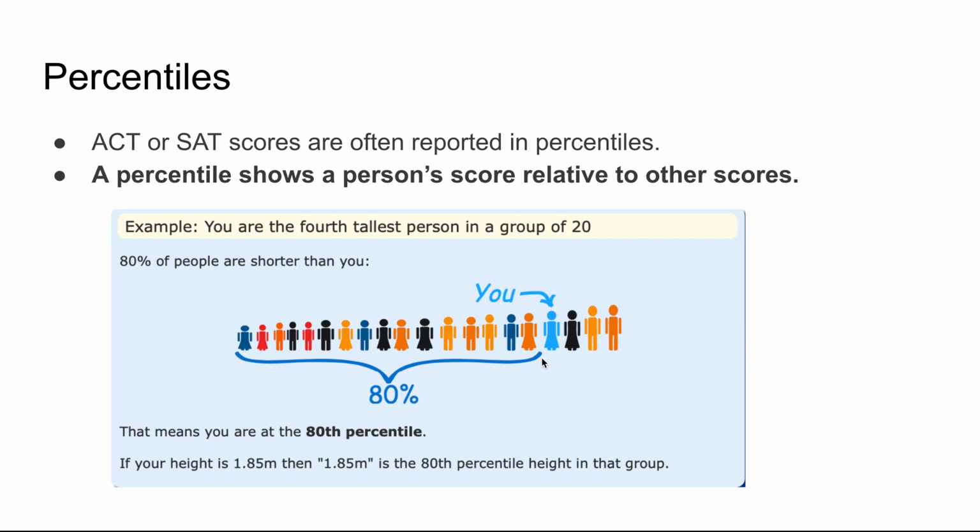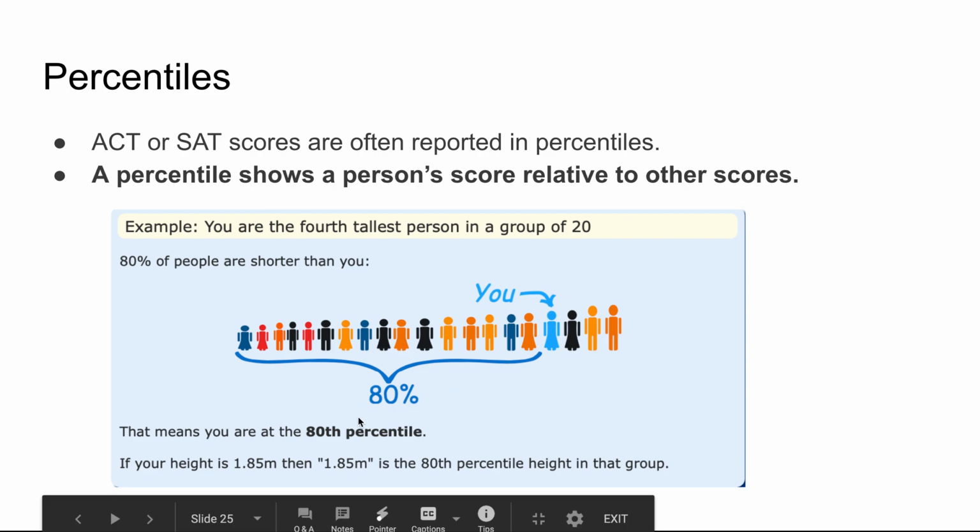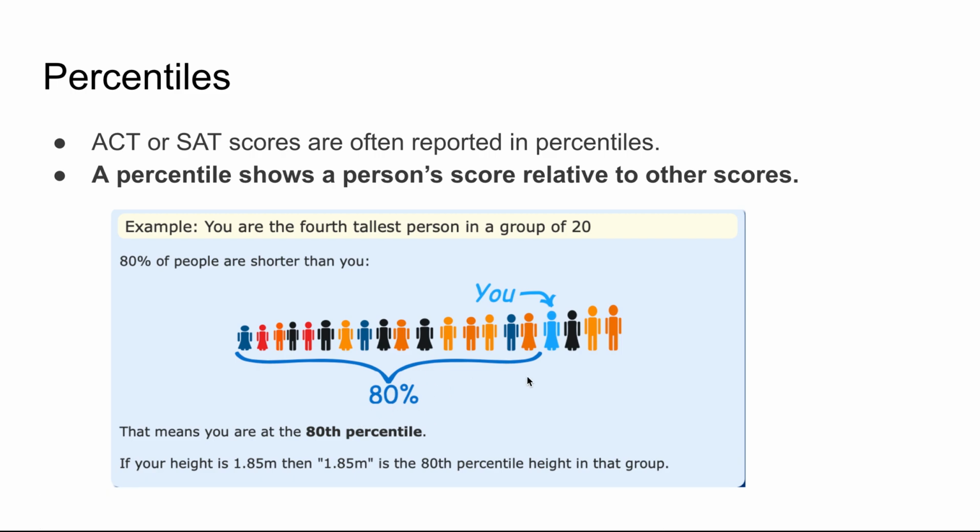You have 80 percentile in that score, which means there are 80% of people behind you and about 20% above you. So the higher number is a better score. Like these people, they're about 50%, which is much lower than you. So the higher percentile means you are on the higher score.